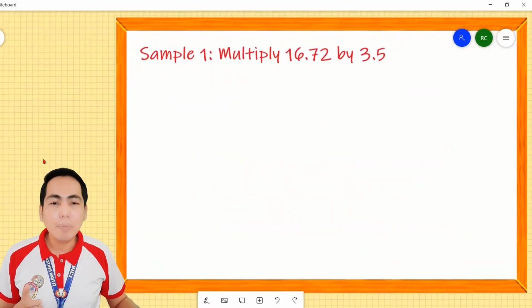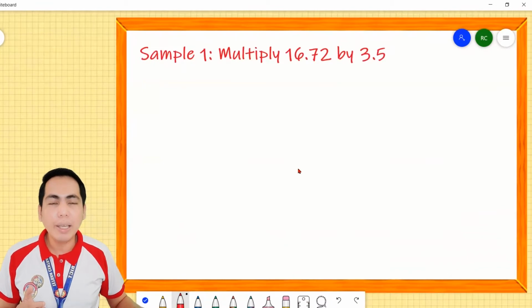We have here example number 1. Multiply 16 and 72 hundredths by 3 and 5 tenths. So first step, we are going to write the given factors vertically, but not necessarily aligning the decimal points, just like what we are doing when we are adding or subtracting decimal numbers.